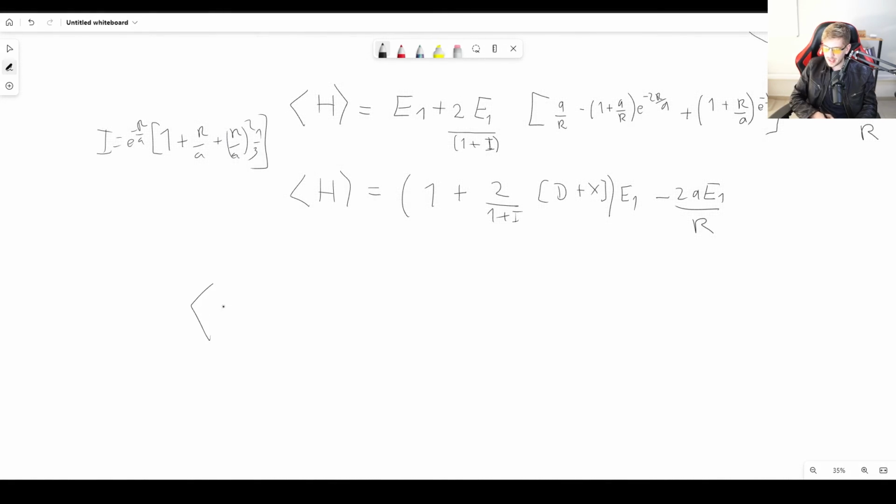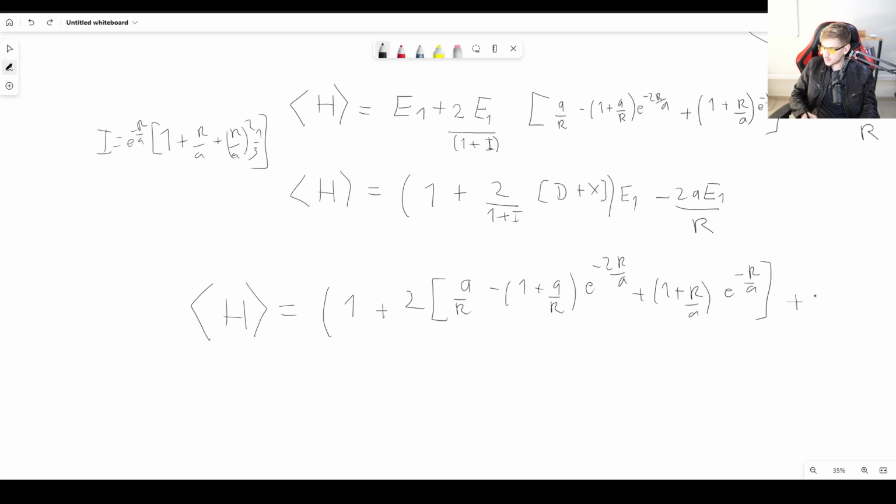So now we need to plug everything into the Hamiltonian. So doing that, let's see. We have 1, that is easy, plus 2, I will factor out the E1, that's what I'm doing here. And then I have a over r minus 1 plus a over r, e to the minus 2r over a, plus 1 plus r over a, e to the minus r over a. And then we still have the minus 2a E1 over r.